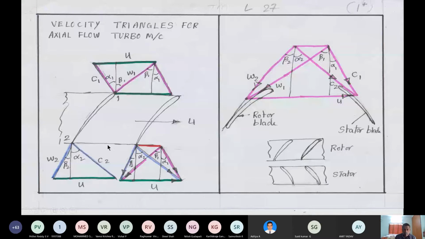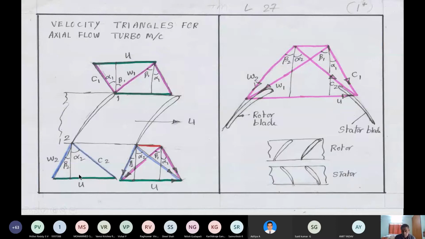Now, the inlet velocity triangle can be drawn the other way of the parallelogram also. So that you have W1, then U like this and C1 like this. If you draw that, you can take that velocity triangle and place it on the exit velocity triangle, because the U is same for exit and entry, because the radius is same and U is nothing but pi d n by 60.